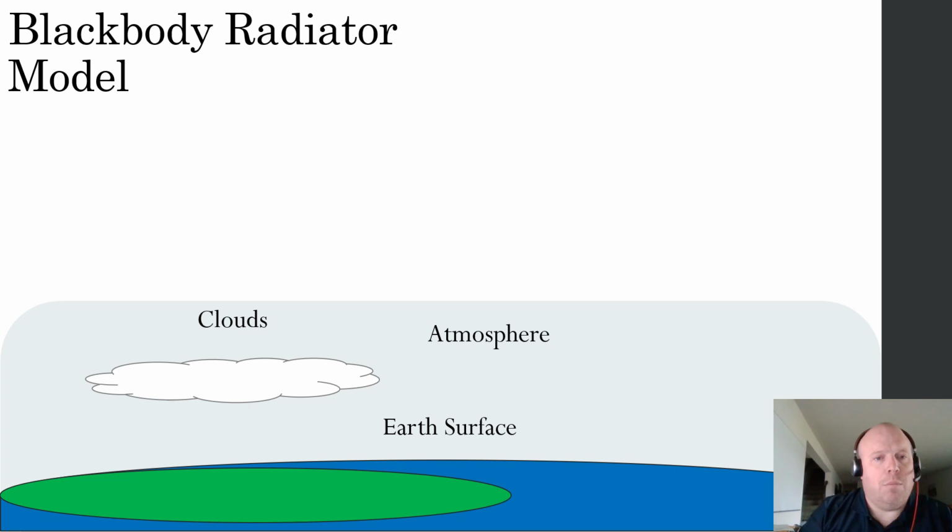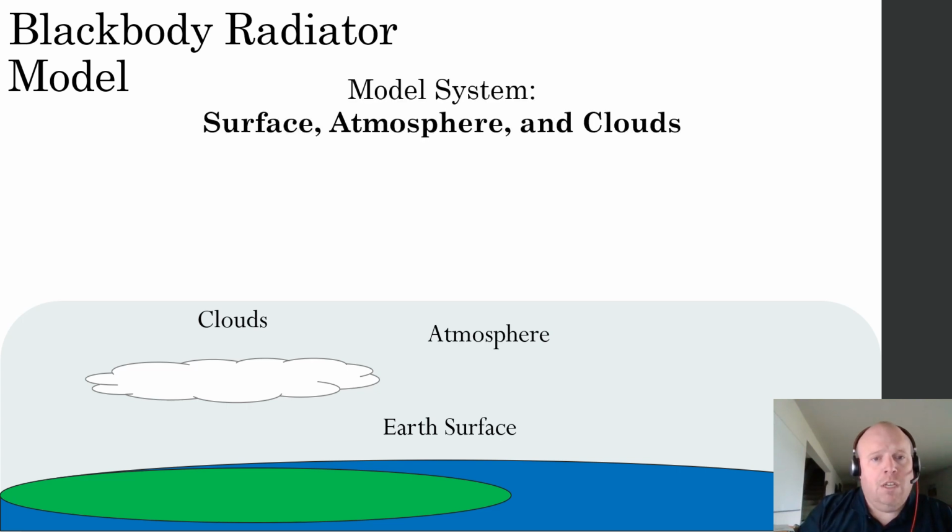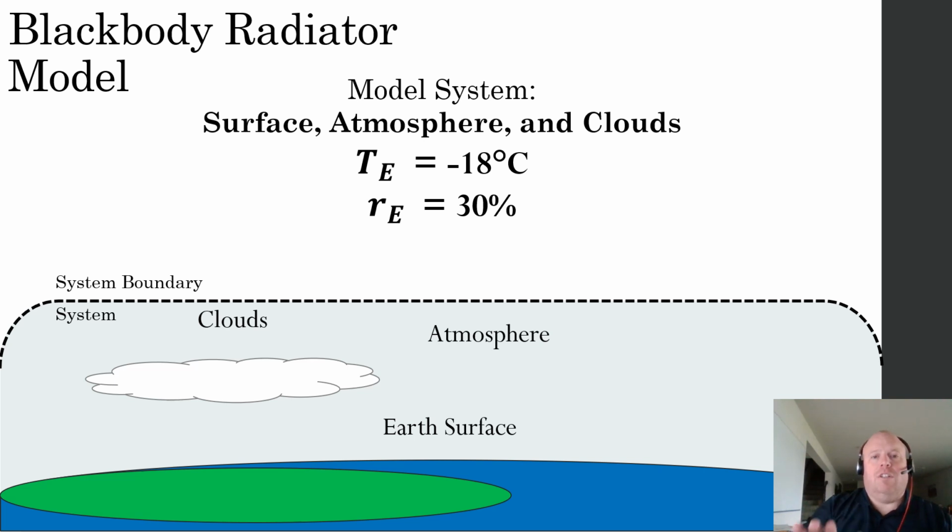All right, so we have our black body radiator model, which includes the surface, atmosphere, and clouds. So that negative 18 degrees Celsius and that reflectivity of 30% are a combination of the surface, the atmosphere, and the clouds.